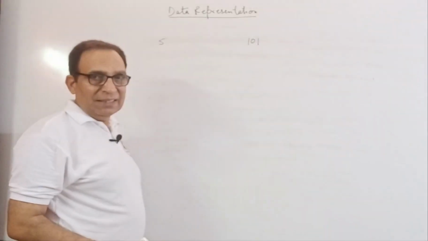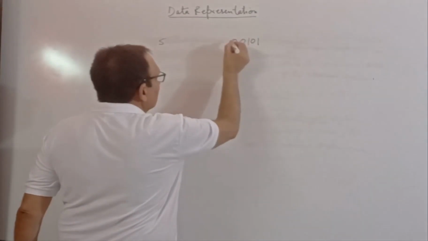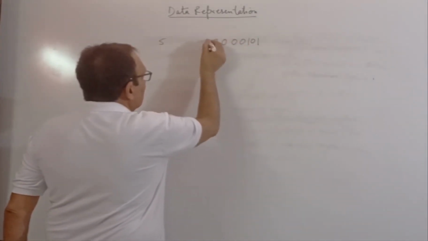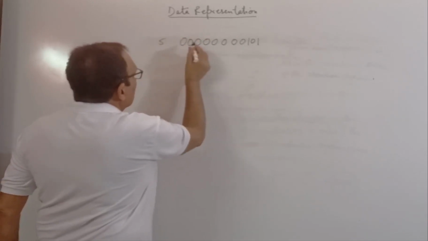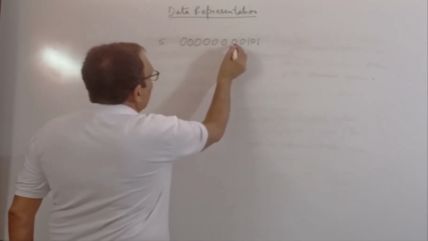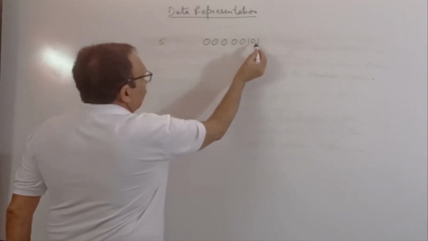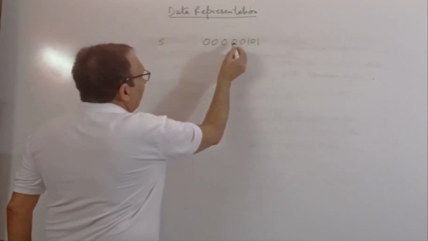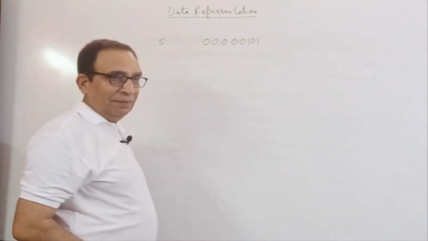Since it is an 8-bit system, I have to write zeros on this side, so all together there are 8 bits. So this is the binary representation of 5.